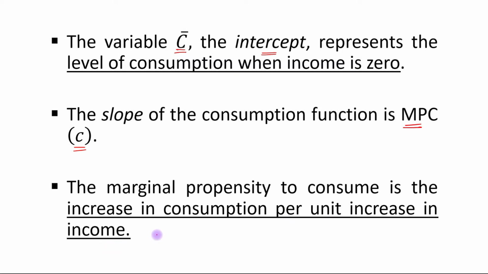That is, MPC, denoted by small c, is equal to change in consumption upon change in income. It shows the change in the level of consumption due to the change in the level of income.